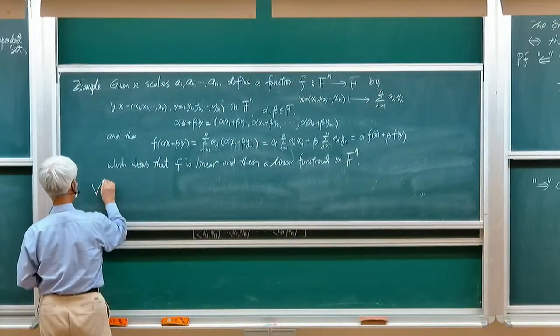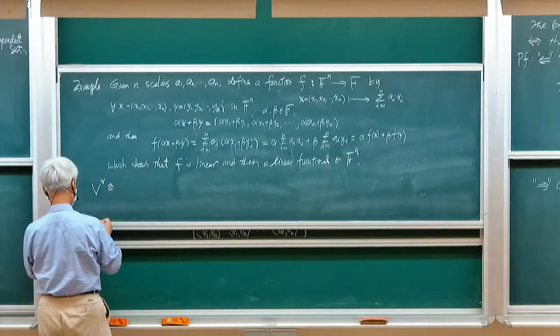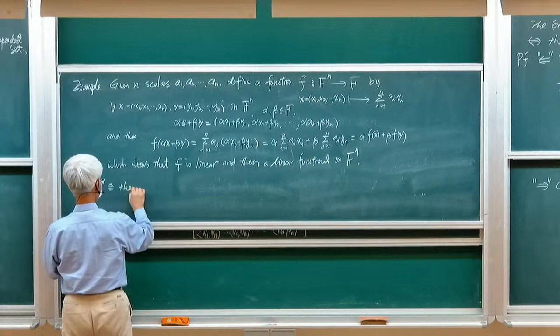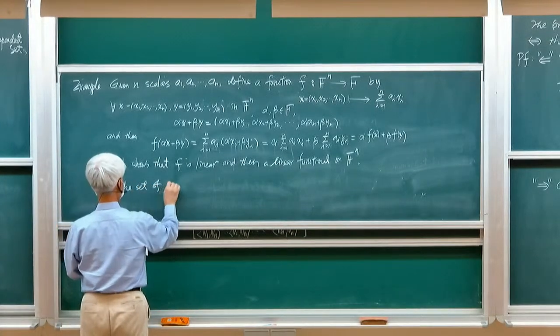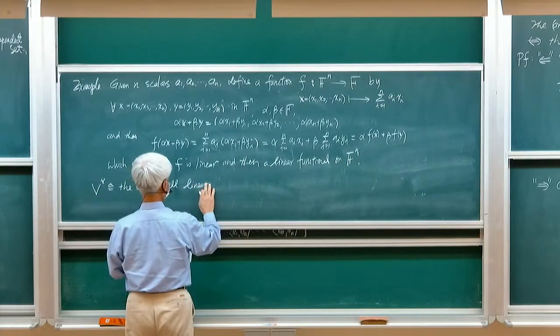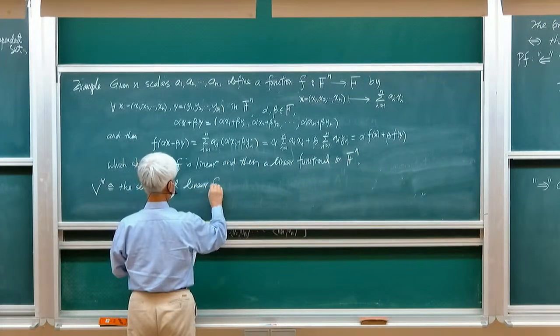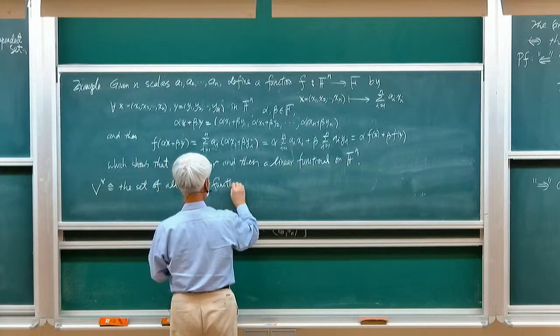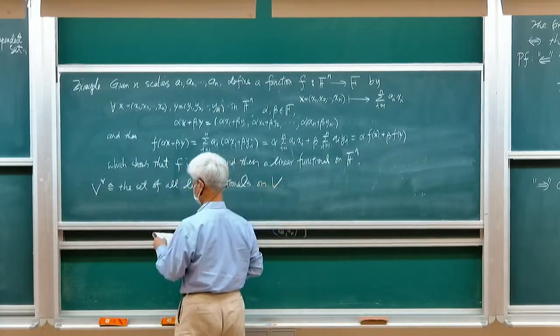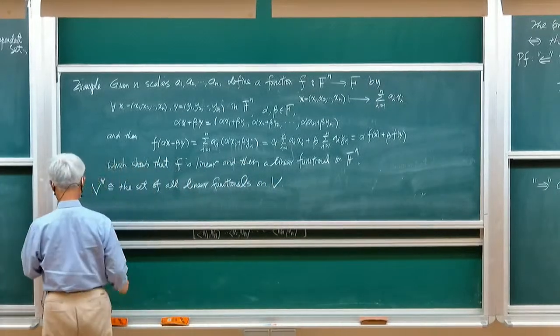Now we let V star be the set of all linear functionals on V. So we call it V star.